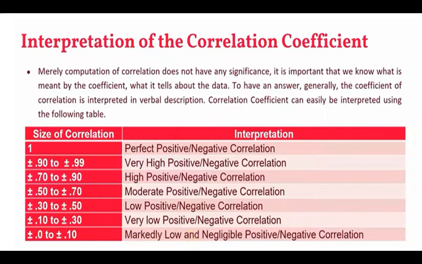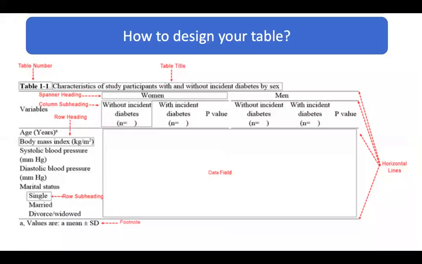Number one means a perfect negative or positive correlation, plus or minus 0.99. 0.90 to 0.99 is very high positive. 0 to 0.1, plus or minus, is markedly low and negative. Look at your results, and you have to interpret according to this table. Keep this with you when interpreting your correlation coefficient.